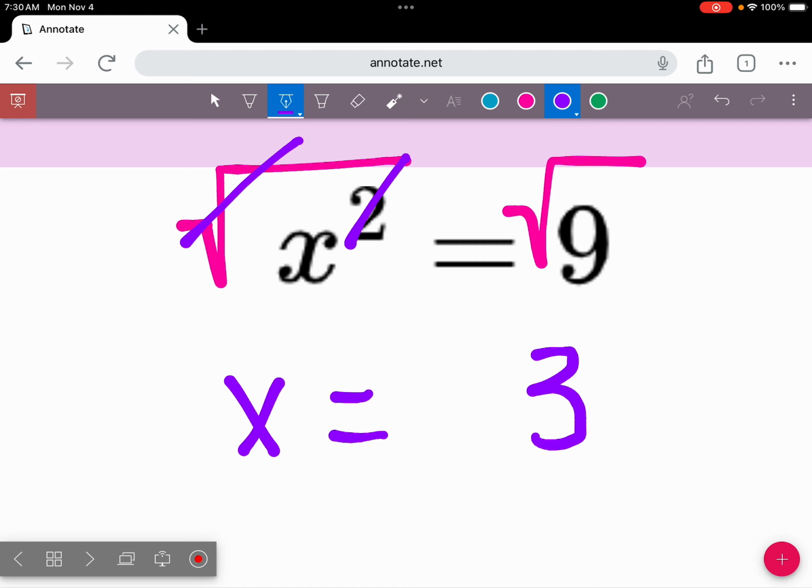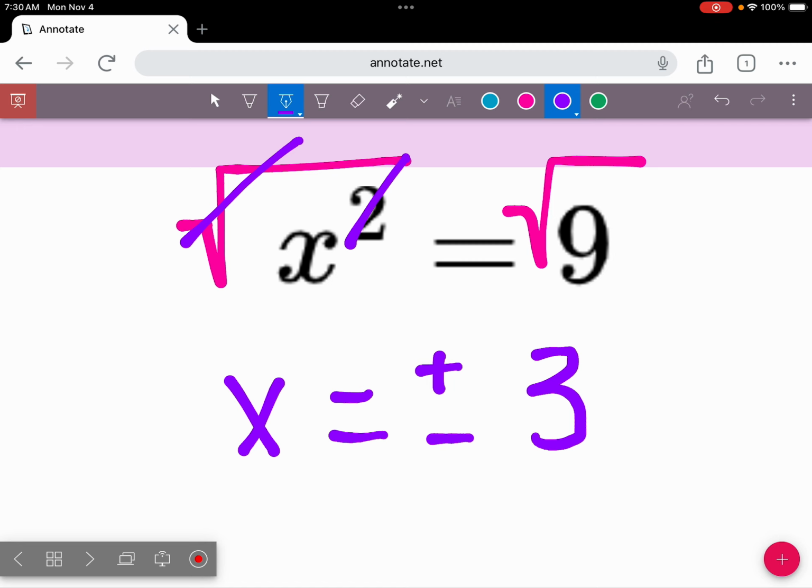Did I miss anything? What else? 1 squared gives us 9. Negative 3. Negative 3 also works. Whenever we are in an equation, so if we have an equal sign and we do a square root on both sides, we have to include a plus or minus.